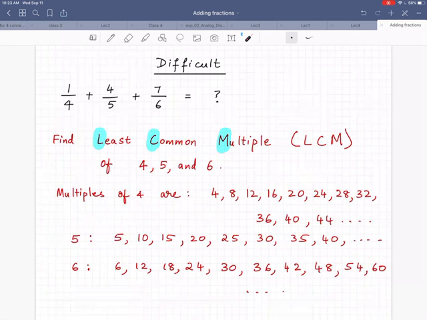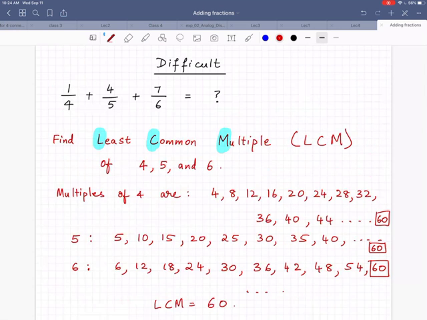So the least number that would match would in fact be 60 for 4. It's going to come after 44, and it's going to be 60 over here, and there is already a 60 over here. So the least common multiple is 60.